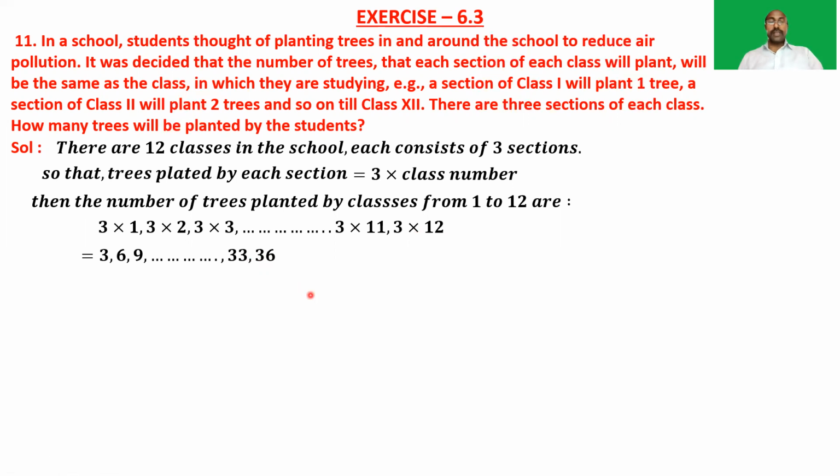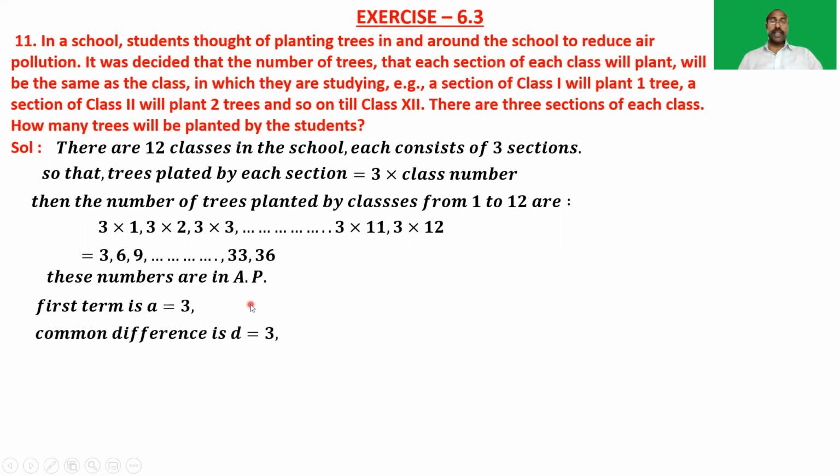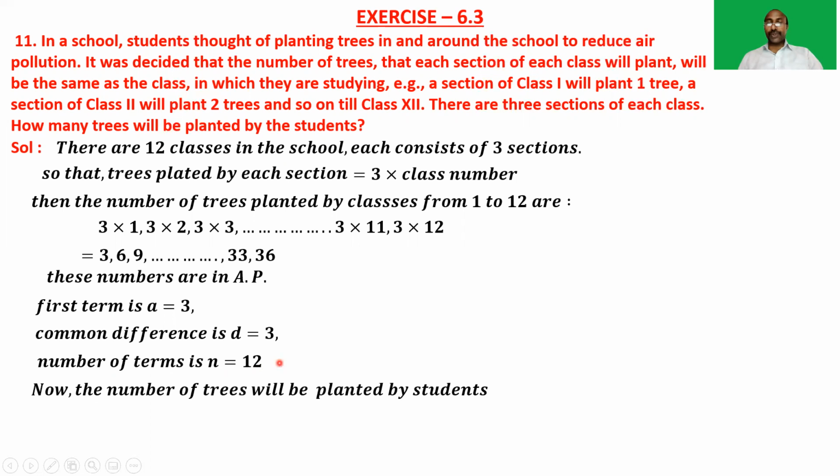Now, these numbers are in AP with first term a equal to 3, common difference d also equal to 3, and the number of terms is 12 because there are 12 classes in the school. The number of trees planted by students is equal to the sum of the 12 terms of this progression.